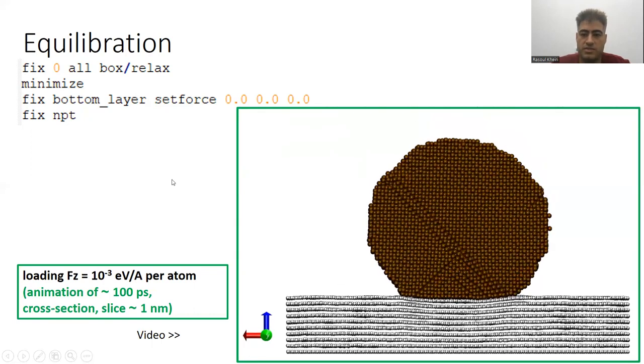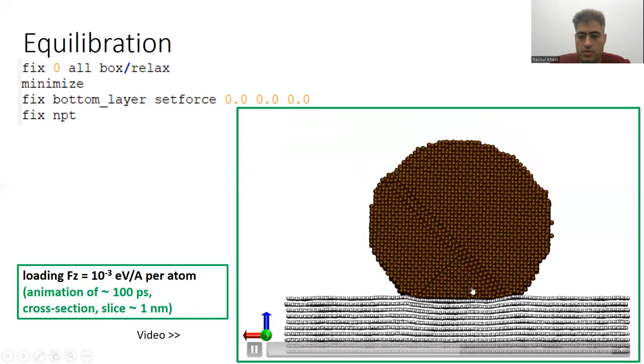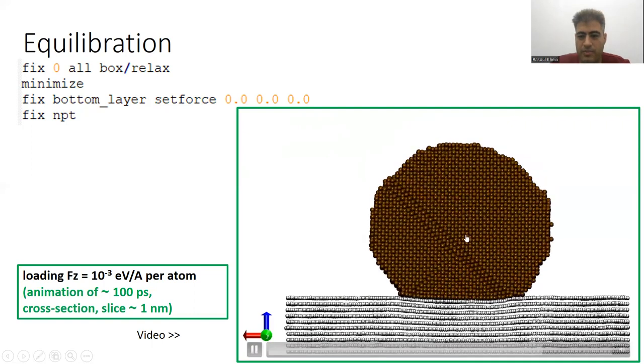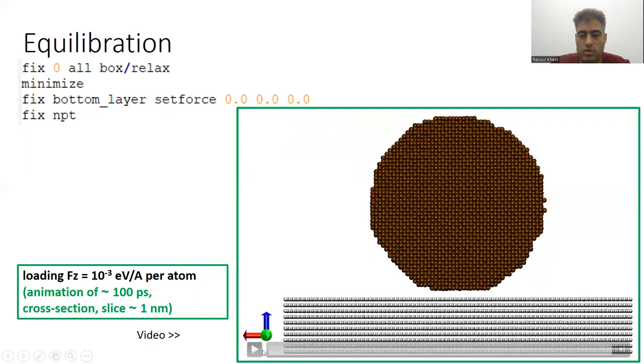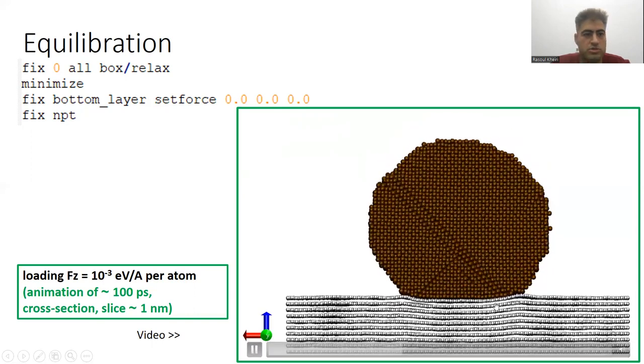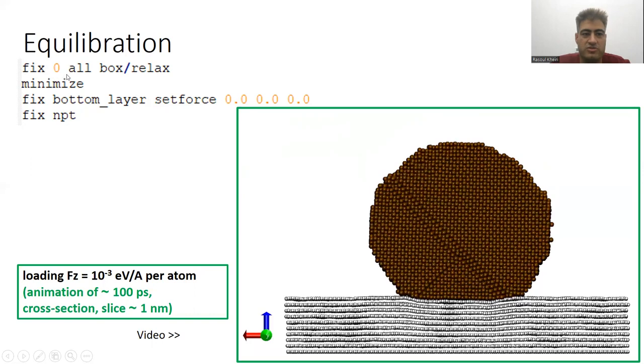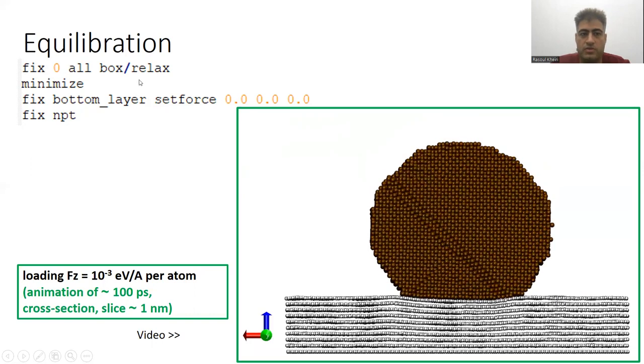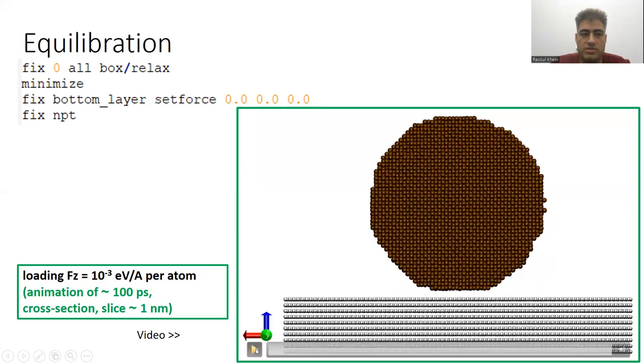As we can see, there is a normal load applied to the particle, and the particle comes to the surface. We use box relax and minimization.